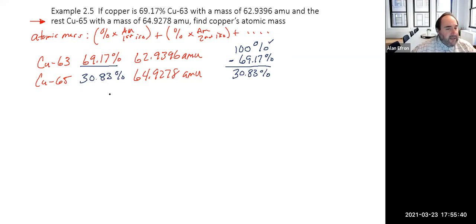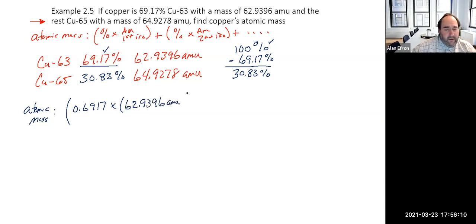Now we pretty much have everything that we need to calculate the atomic mass. So the atomic mass here would be our first percentage. And again, you could divide it by 100 if you want. I'm going to just move the decimal point. So that's going to give me 0.6917, which is this value converted into a decimal, times 62.9396 AMU.